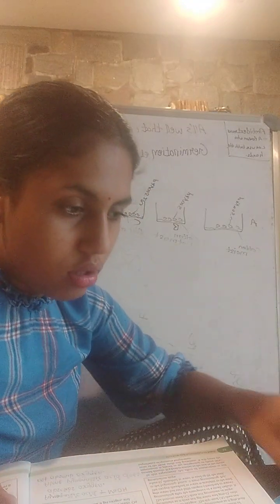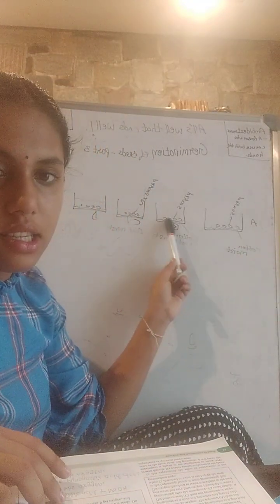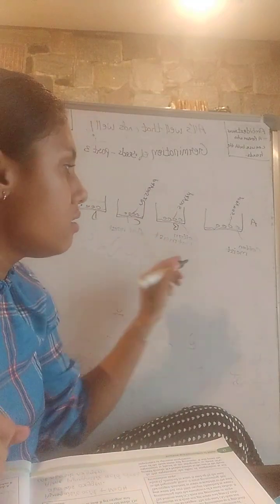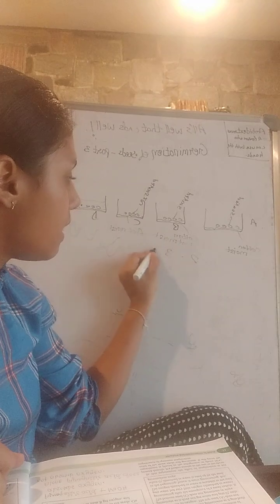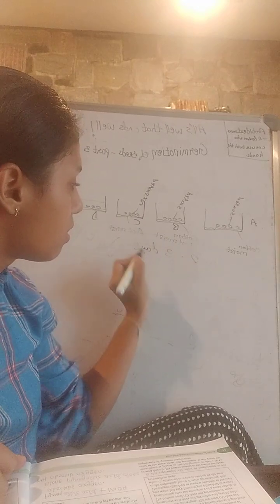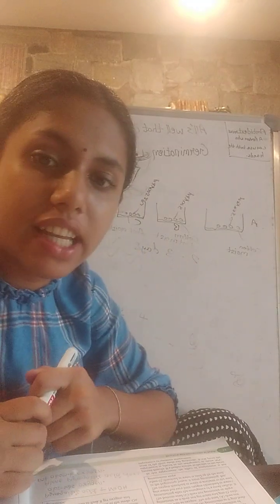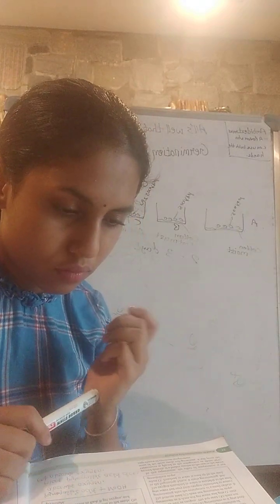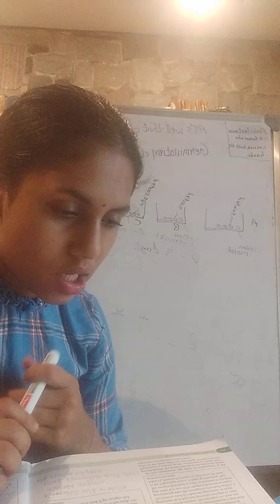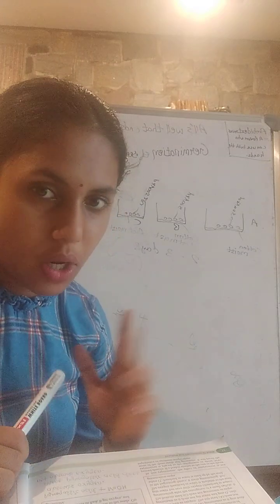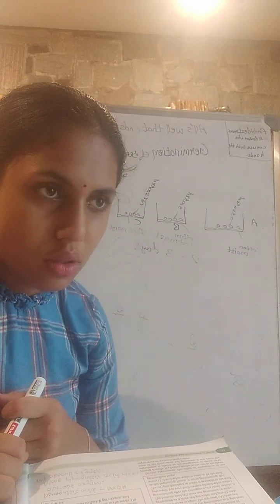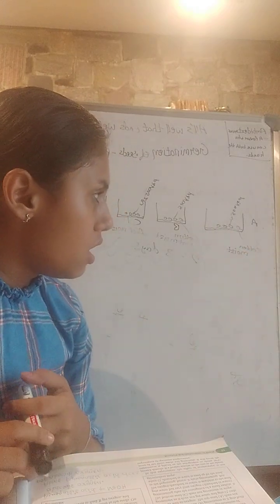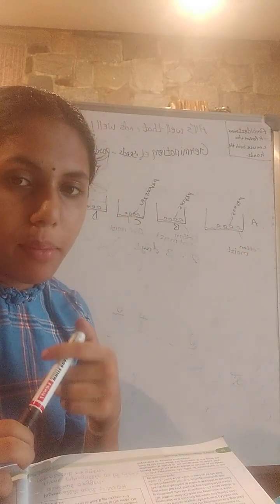Now we will leave this for 2 to 3 days. How many days? 2 to 3 days. When we leave it for 2 to 3 days, we need to make some observations. In petri dish A, what observation can we make?